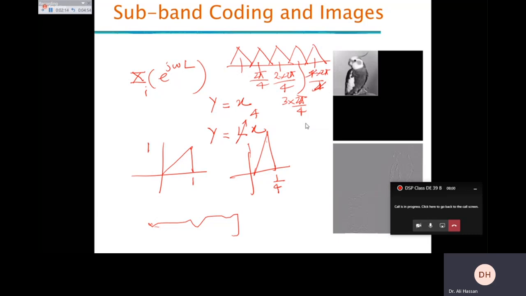So there are going to be 3 extra copies. These 3 extra copies will actually make the interpolated signal once you insert zeros. So this is why you see all these copies. Okay? Yes, sir. Thank you.